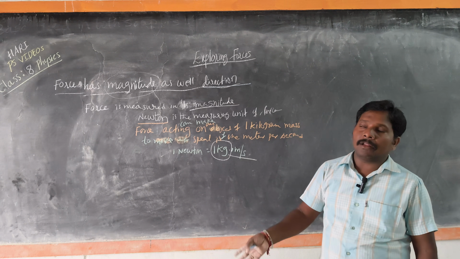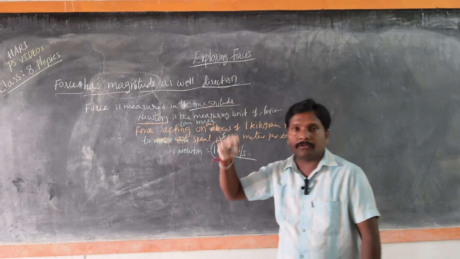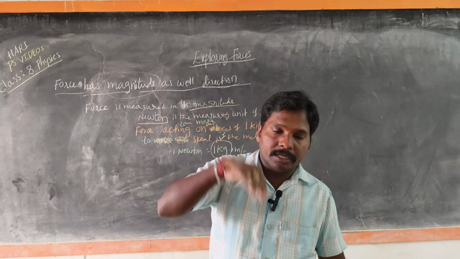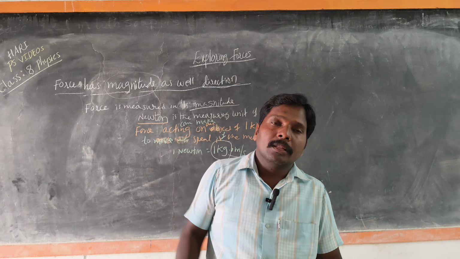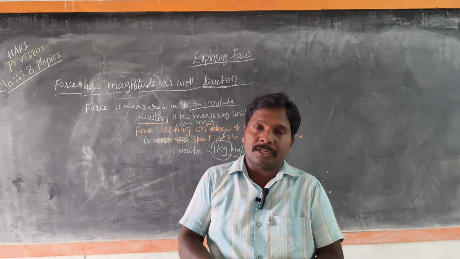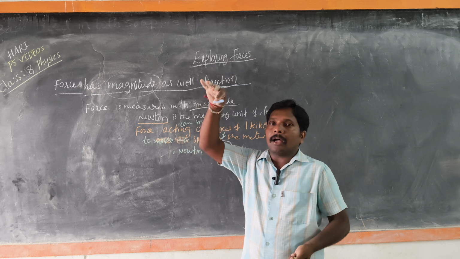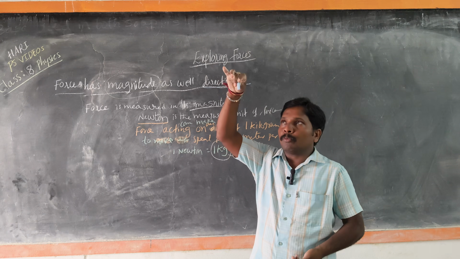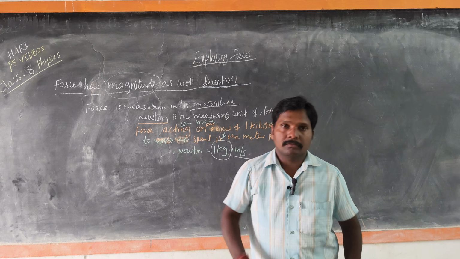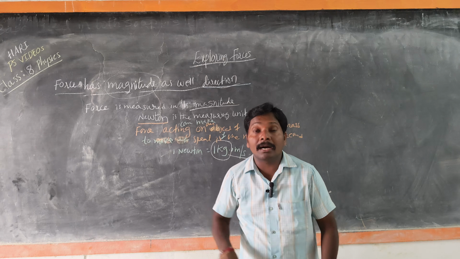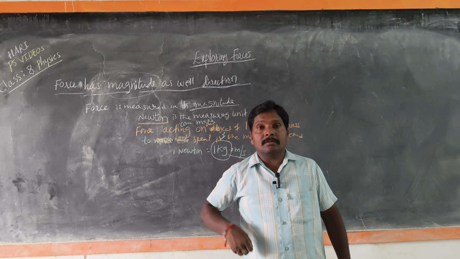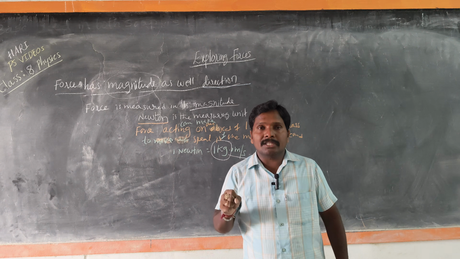Left to right, right to left, north to south, east to west, vertically down, vertically up. These all indicate direction. If I drop a piece of chalk, it moves down because of the force, as we know, gravitational force.